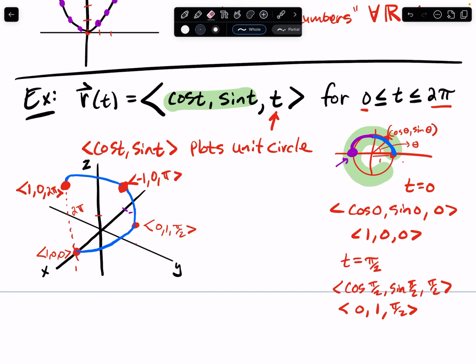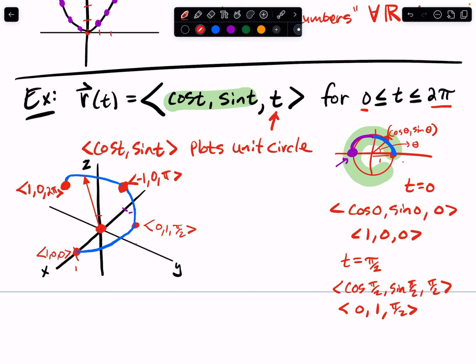Now, technically with the vector valued function, like we talked about a second ago, there's all these vectors, okay? So a vector here, a vector there, infinitely many vectors that form this vector valued function.